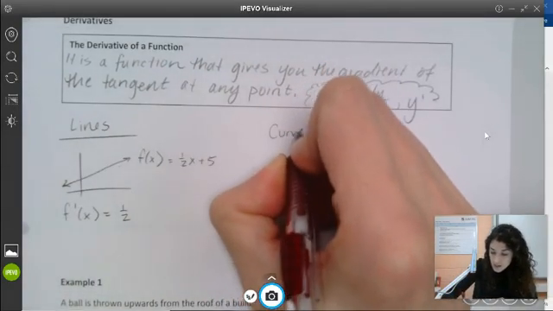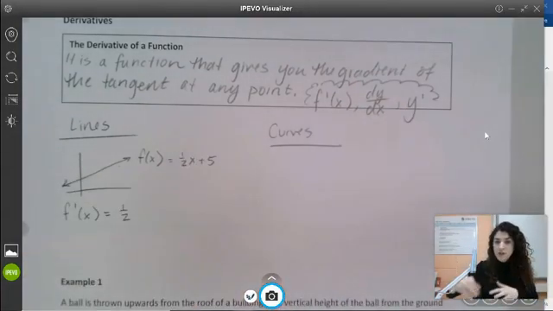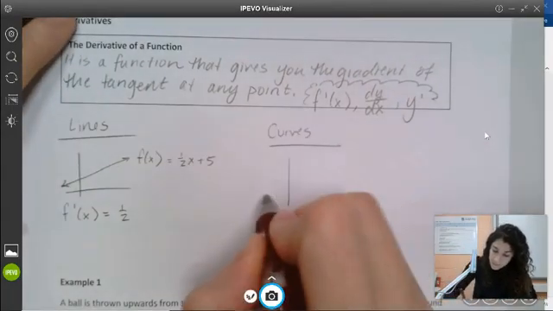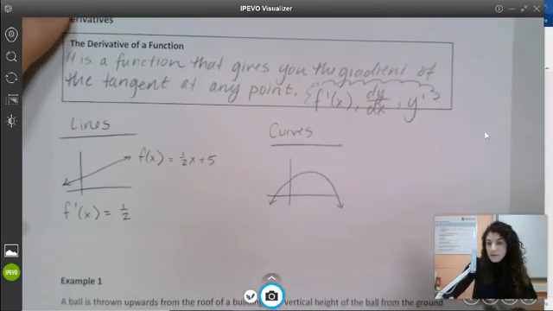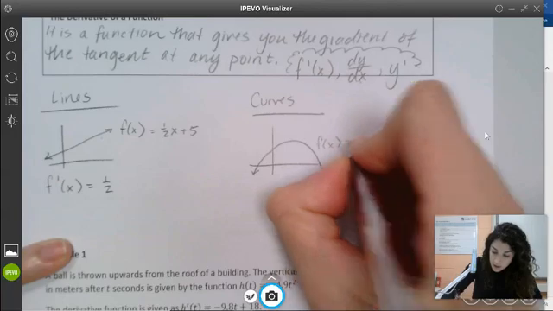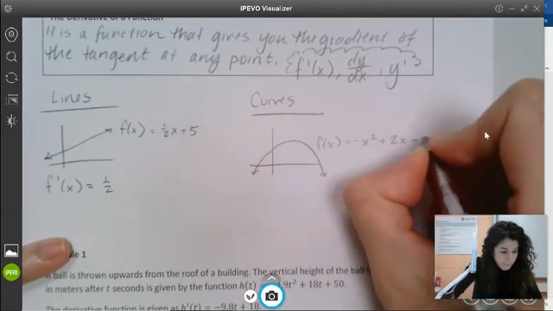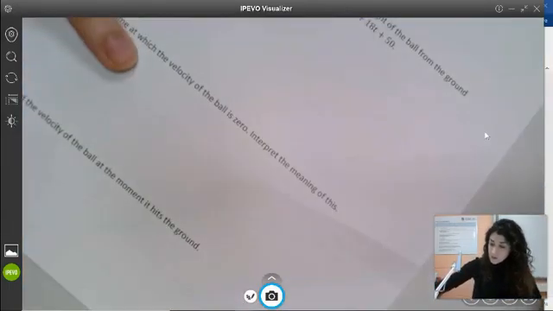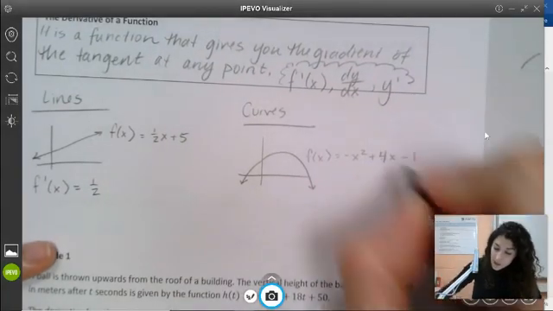Versus most other things that we do, which we call curves. You've got lines, which are straight by definition because it's a constant rate of change. Your curves could be anything. I'm going to draw a parabola just for the sake of ease. And I'll give this an arbitrary, let's do 4.